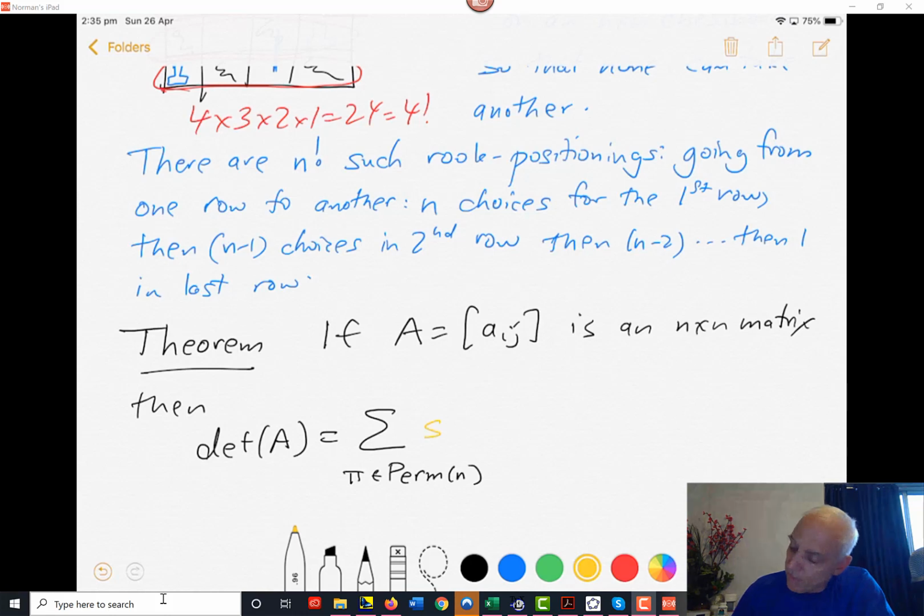And then something which we'll call sign of pi. That's going to be either plus or minus 1. That's the critical sign of each of the terms.